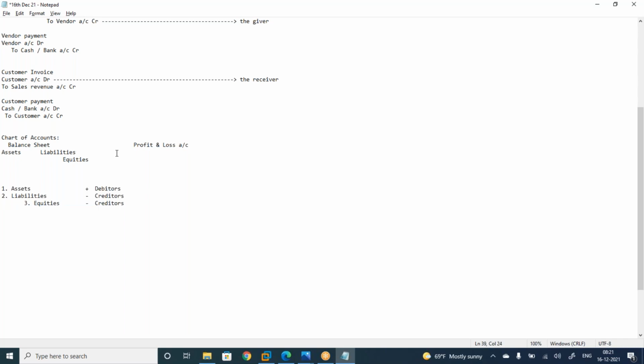Next one is profit and loss account, also divided into two: one is income or revenue, another one is expenses. But these expenses are further classified into two parts: one is purchase expenses, another one is office expenses. What do you mean by purchase expenses?